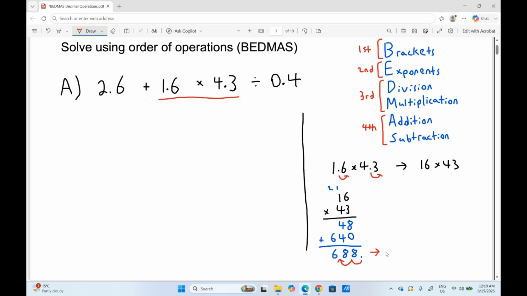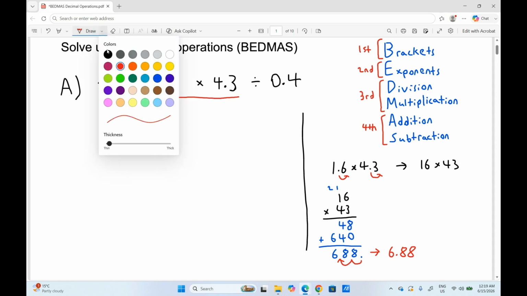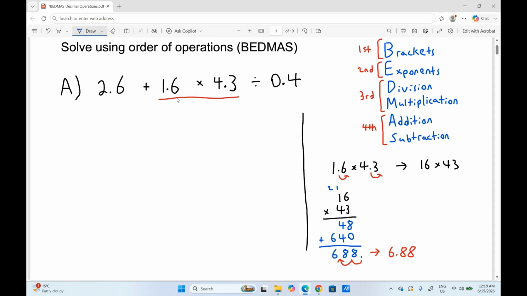So my final answer should be 6.88. So that means 1.6 times 4.3 is 6.88. And now I still have a 2.6 plus here, so that doesn't change. I'm just going to carry that down: 2.6 plus 6.88. I'm still dividing by 0.4.